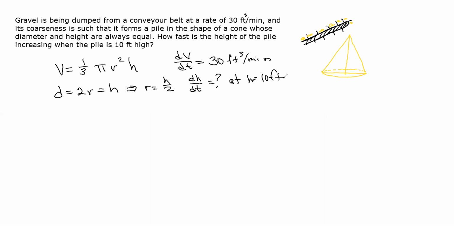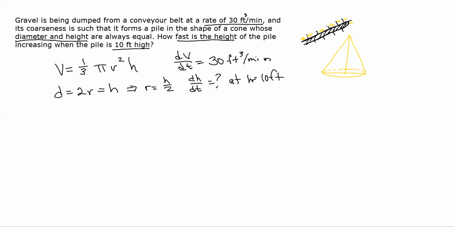Okay, so we've broken down the question. We found the change in volume. We found a handy little parameter where we set our diameter and height equal to each other. We understand that we're looking for the change in height when the height is 10 feet.